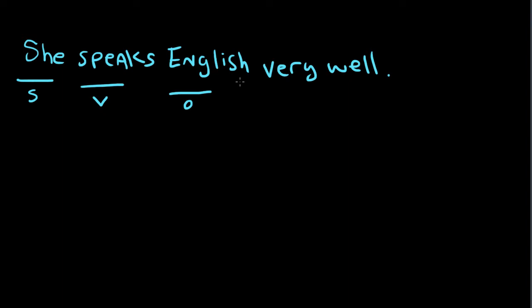And then here we have very well, which is like the adjective, but it needs to go after the object. Okay, so English is described with very well. It goes after the object, no? You can't say she speaks very well English, because you have to say she speaks and then English very well, because that adjective needs to go after the object and the verb.